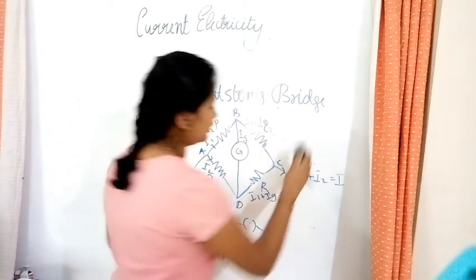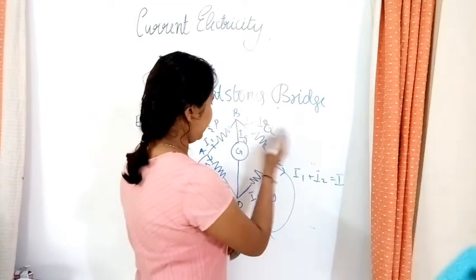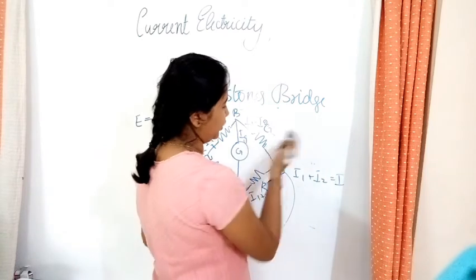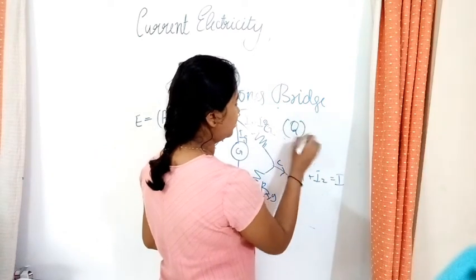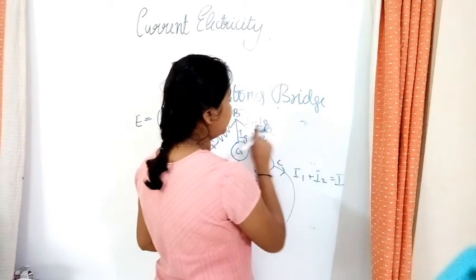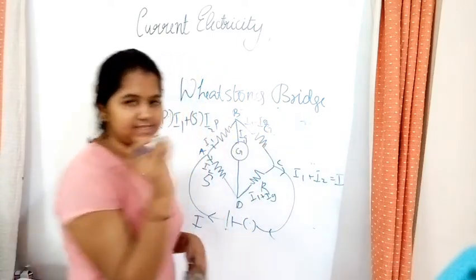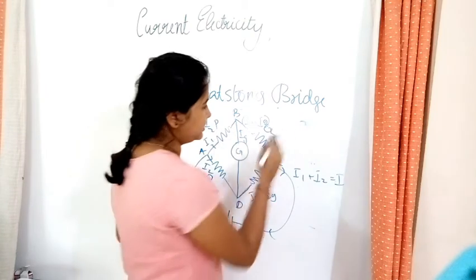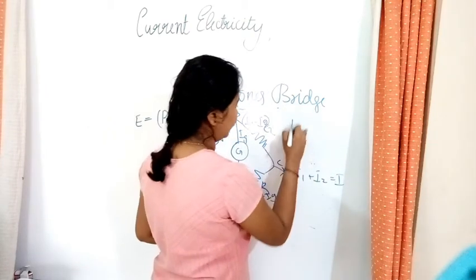So let's take the next case. There are two resistances over here also. First we'll take Q. So Q into I1 minus Ig, and because there is a minus symbol, we'll put that in brackets.